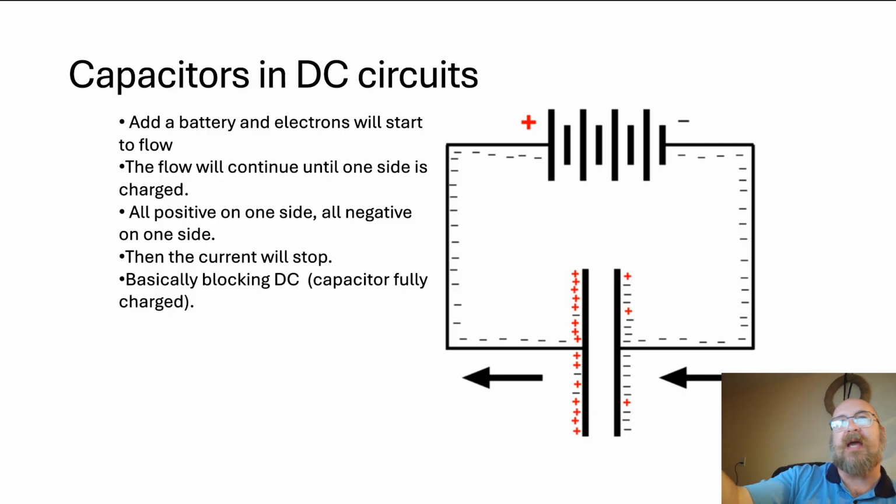So what we've got here is a circuit that is just working for a moment until that capacitor is charged, and then it stops all flow through it. So it's basically blocking DC at that point.